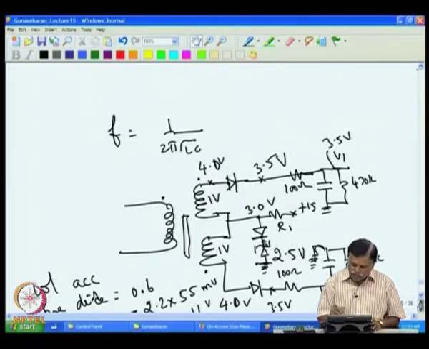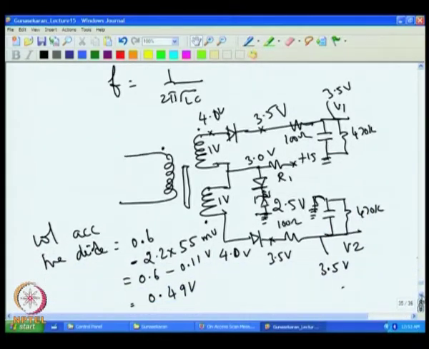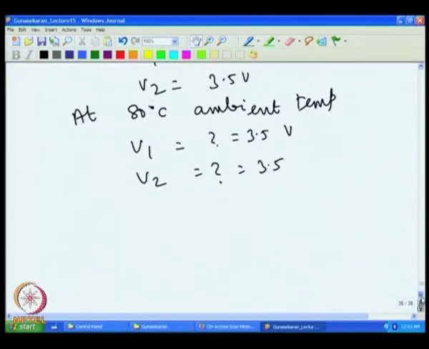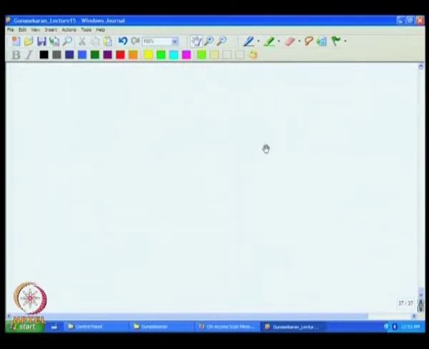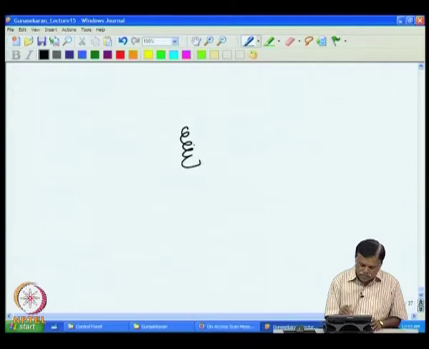So, we have done this. I will show you the usage of this diode a little later. This voltage now can be summed up as you set in the comparator amplifier. So, what you do is now I will take the 2 secondaries here.